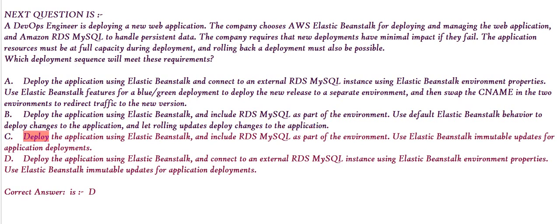C. Deploy the application using Elastic Beanstalk, and include RDS MySQL as part of the environment. Use Elastic Beanstalk immutable updates for application deployments. D. Deploy the application using Elastic Beanstalk, and connect to an external RDS MySQL instance using Elastic Beanstalk environment properties.